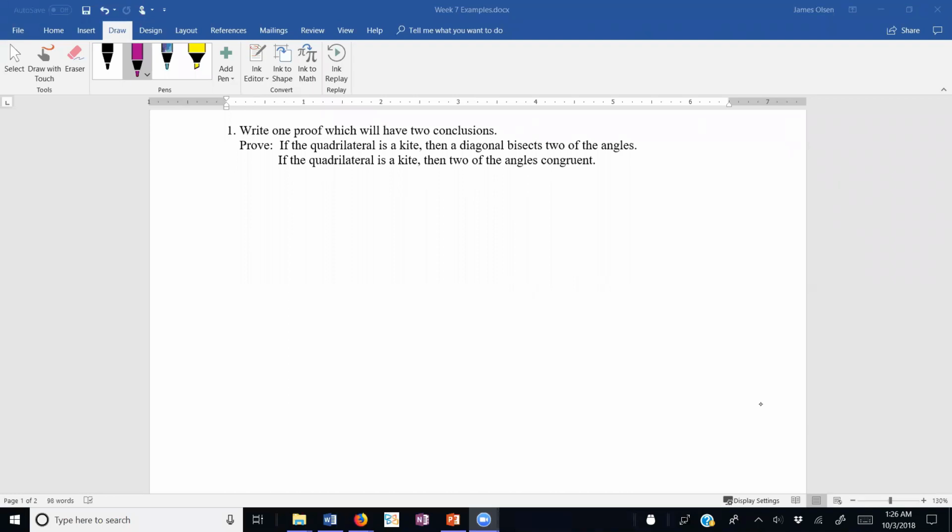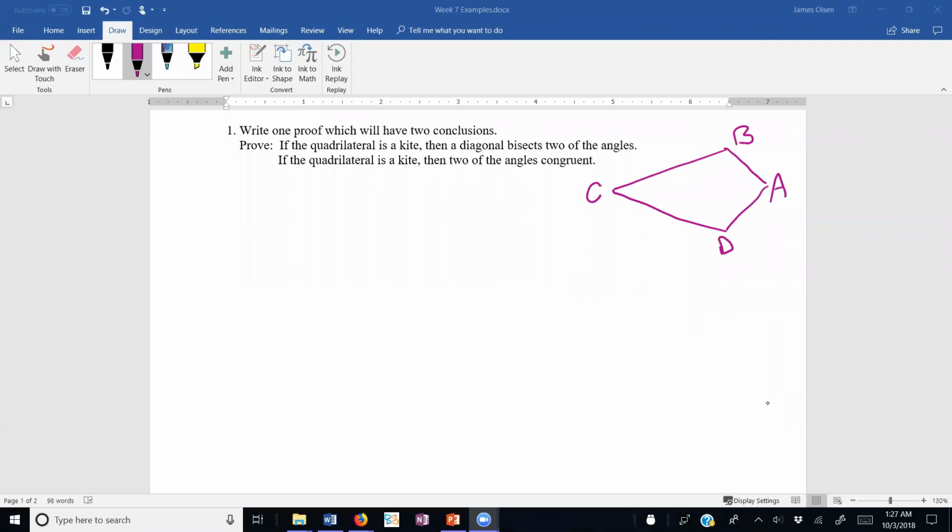So the first thing we're going to need to do is make a diagram. The if clause is the quadrilateral is a kite. The if clause is the given information. So now I'm going to draw a kite. Now I need to label my kite.